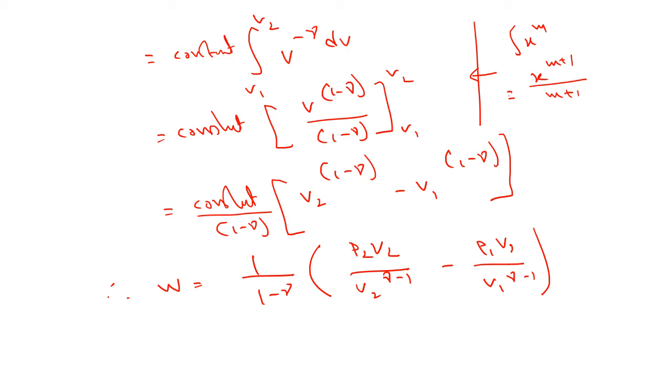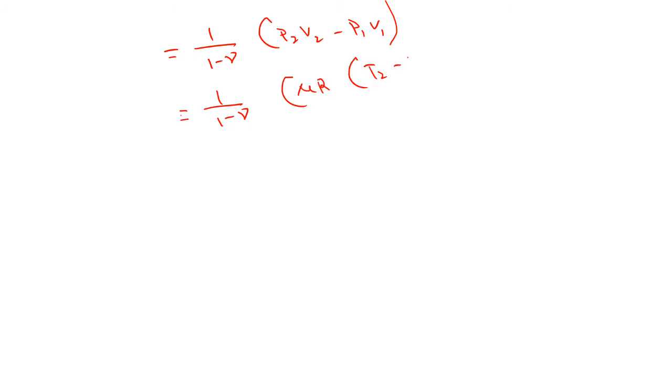Because it is like P to the power minus gamma, so I can write it like this, P to the power gamma. And the constant we already know, the constant value PV to the power gamma, so we can write this constant value in there. So this W is equal to this value. This is the simple mathematical expression. I think you understood all these lines.